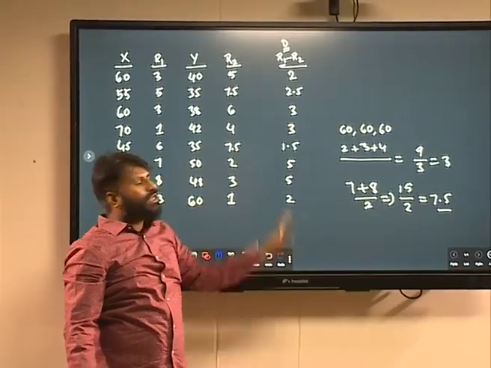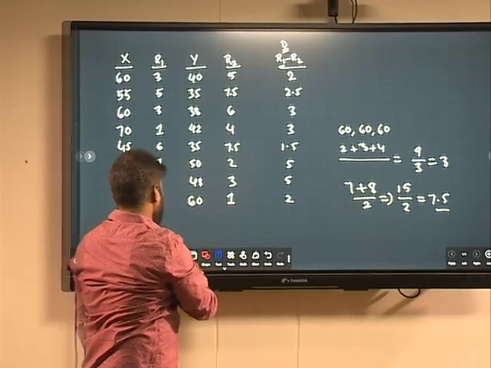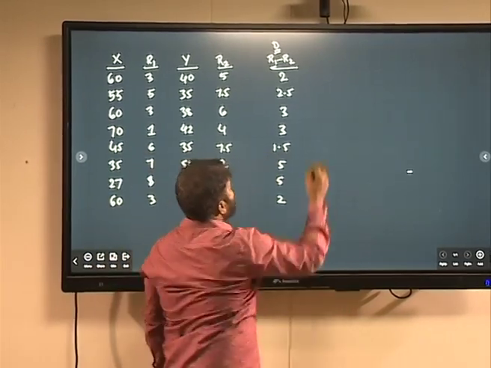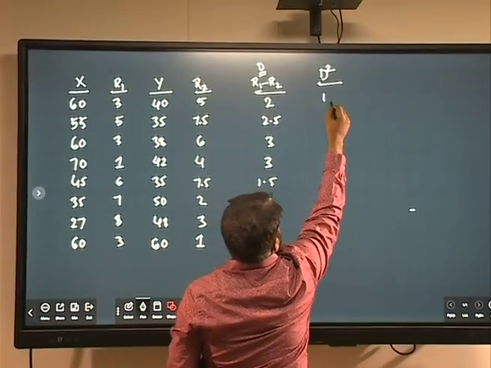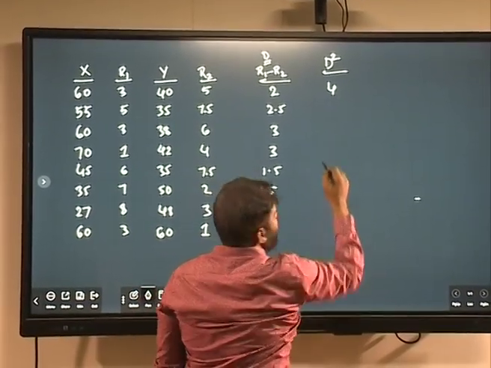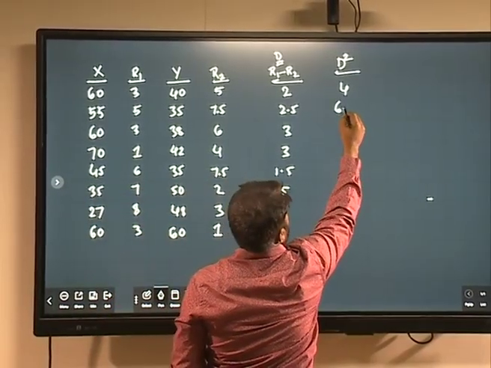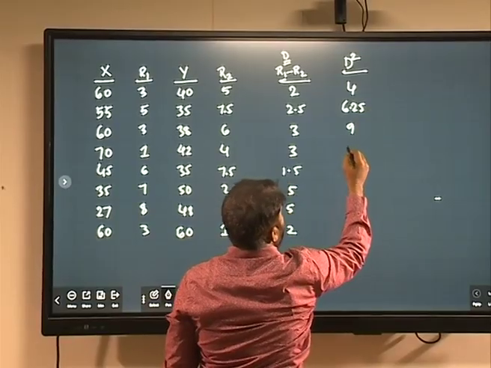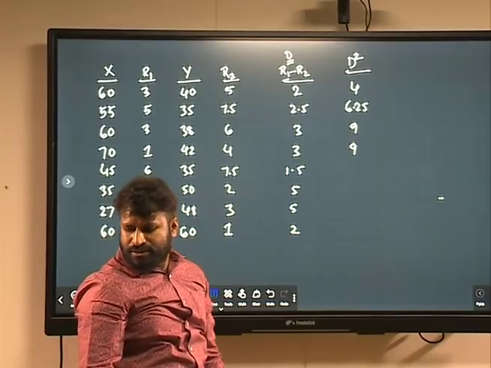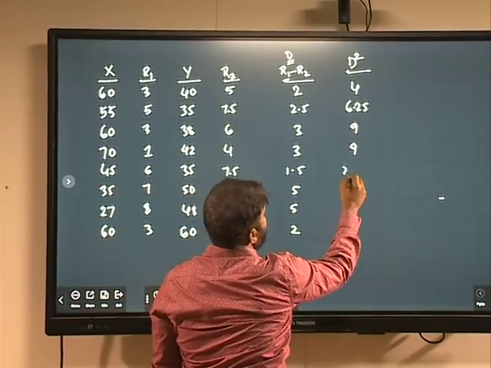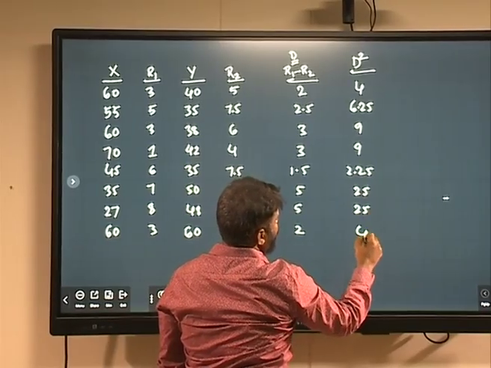So, after calculation of D, D square we have to do. So, I am removing this one. Next one is the d square. 4, 2.5 into 2.5, that is 6.25. 9, 1.5 into 1.5, that is 2.25. 25, 4.